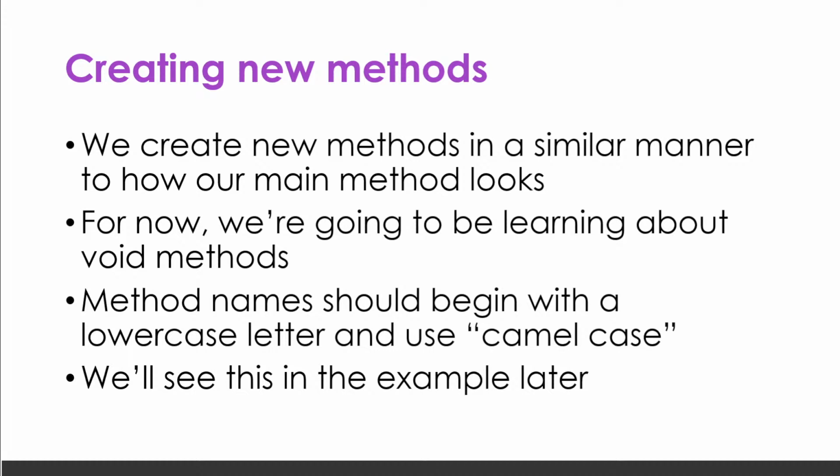Method names, when we see a method in our program, will usually begin with a lowercase letter and use camel case. That means every time we get to a new word, we put an uppercase letter at the start of our new word. That way we can read our method names a little bit easier.